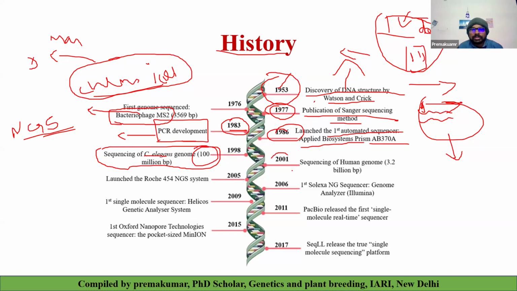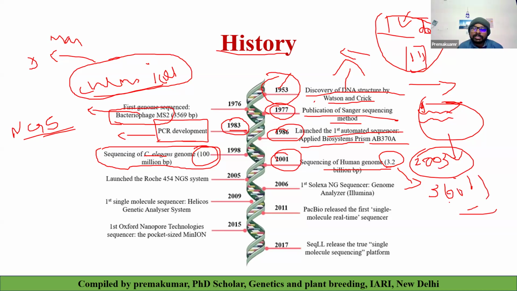Then in 2001, the human genome sequencing project began, and in 2003 the human genome project was completed and determined the human genome has 3.3 billion base pairs.